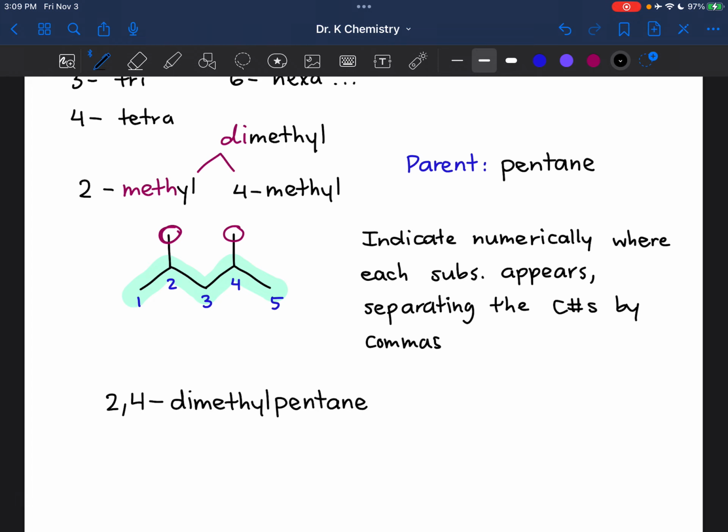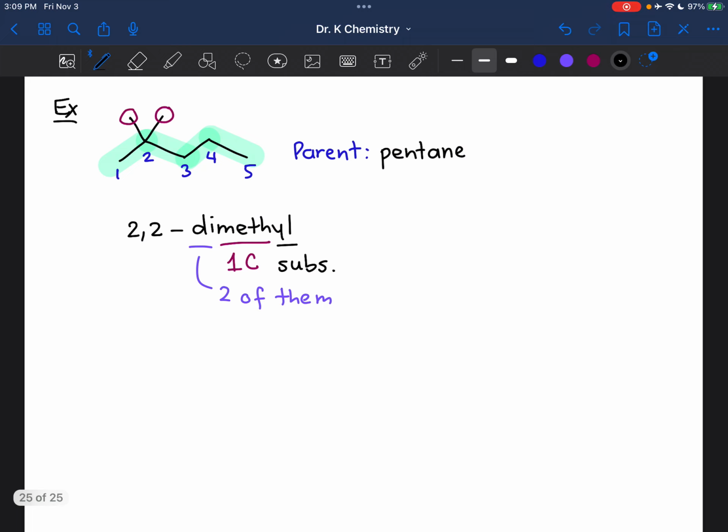So even if they're attached to the same carbon, you do want to indicate that numbering. So I'm going to call this full molecule 2,2-dimethylpentane. So just like the previous examples, the parent name comes at the end and it all gets compressed together into one name.